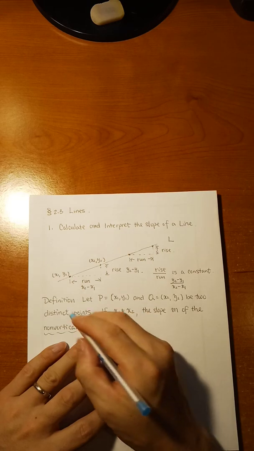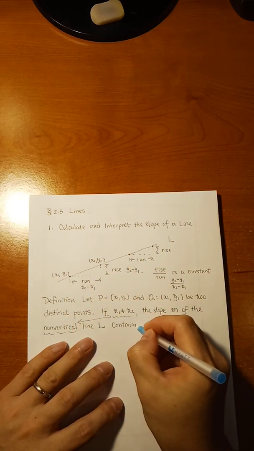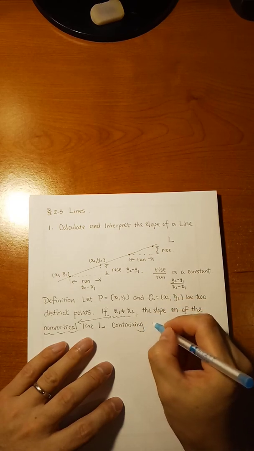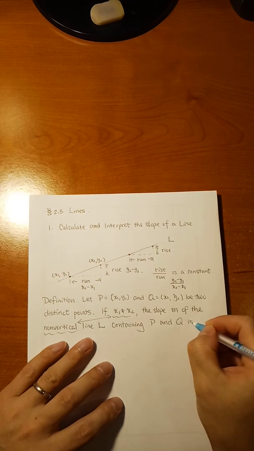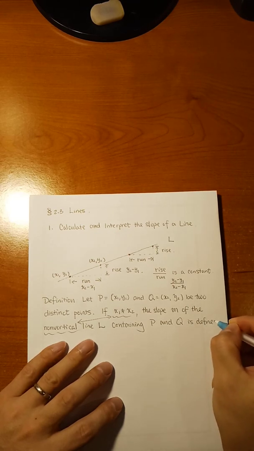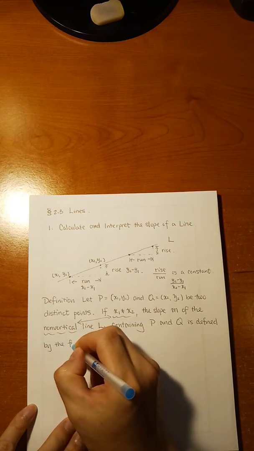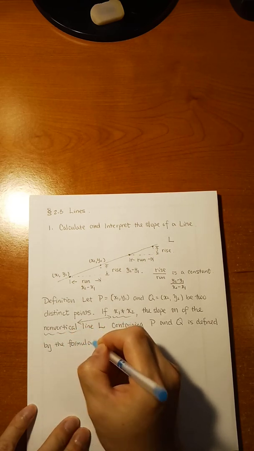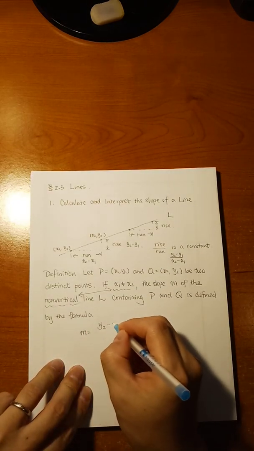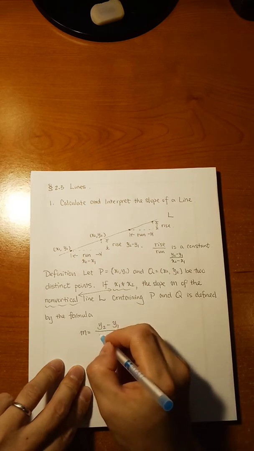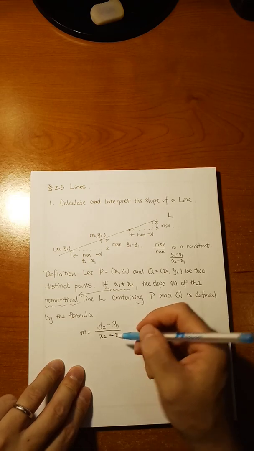The line L containing P and Q is defined by the formula m equal to y1 minus y2 over x1 minus x2, the rise over run.